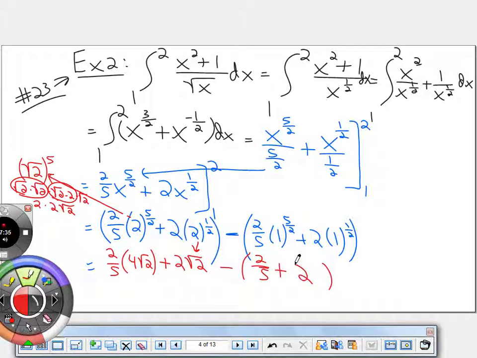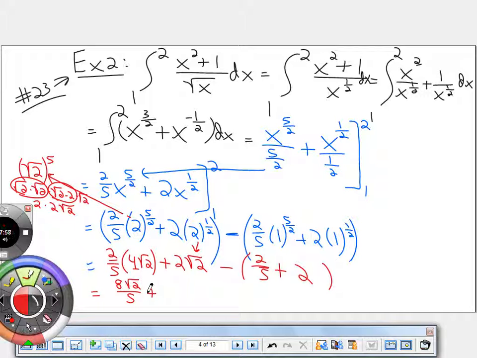All right, so it's ugly, but let's see if we can do any combining at all. Do a little bit. All right, so far I've got, I could do the 2 times the 4 here, so I could say that's 8 radical 2 over 5, and then plus. If I really wanted to, I could put a little denominator on this.